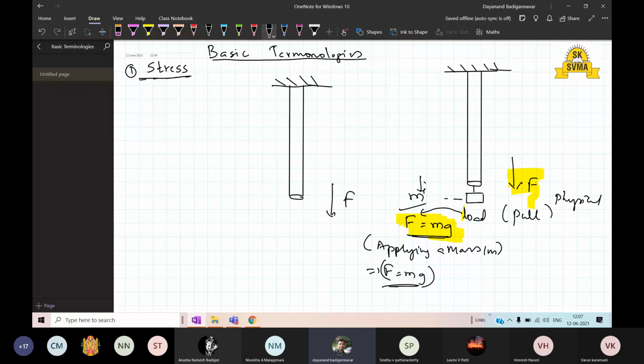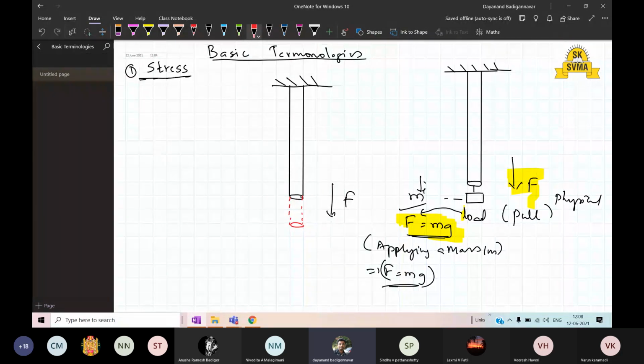Let us assume it. So what has happened? I have applied a force. Due to this, there is an increase in the length. This is called the deformation. In the last class, you learned that whenever a force is applied to a material, the material gets deformed.